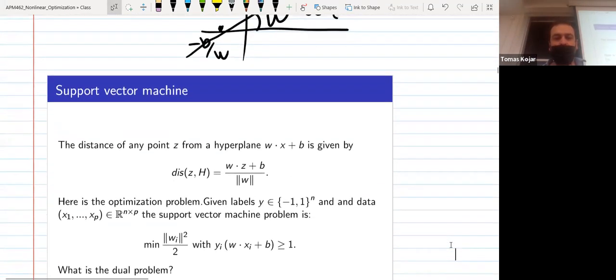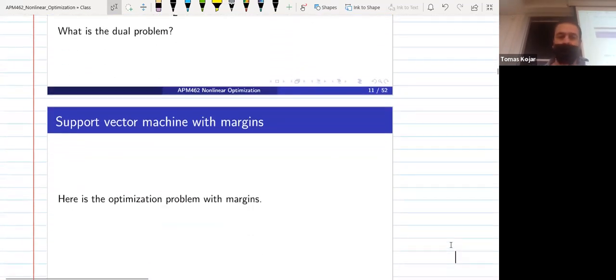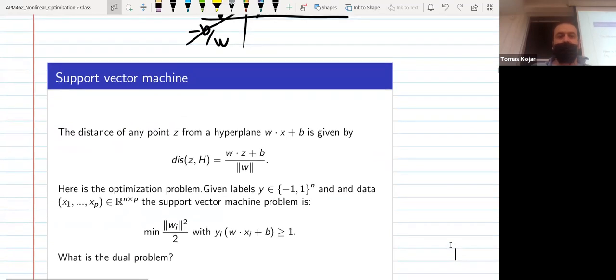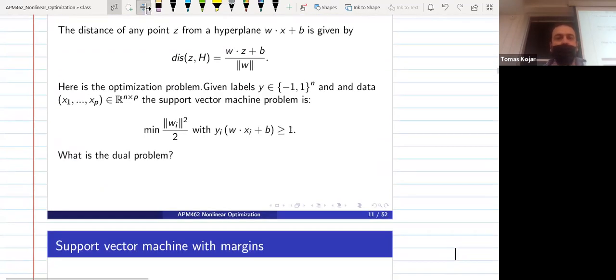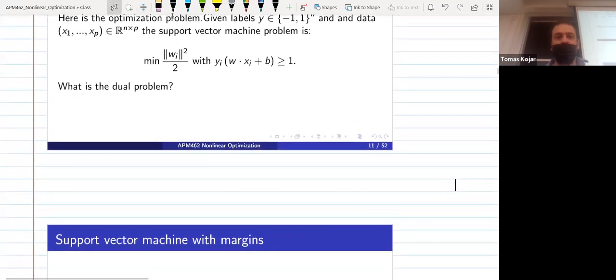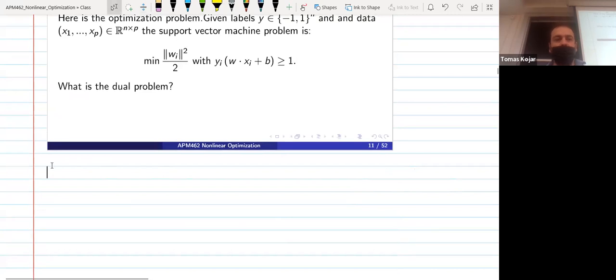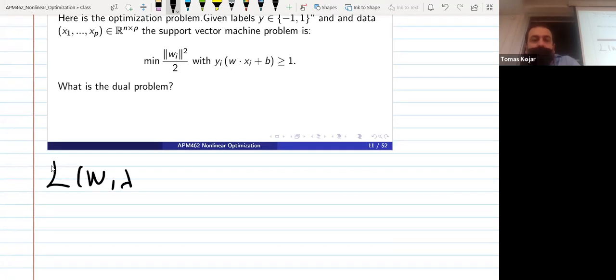The full problem, oh yeah, the dual problem, let's talk about that. Let's find the dual problem together. So the dual function, the Lagrangian is W, lambda, actually just mu.